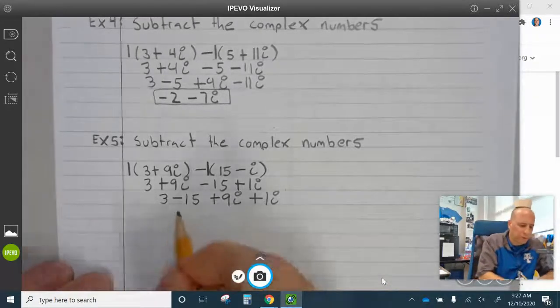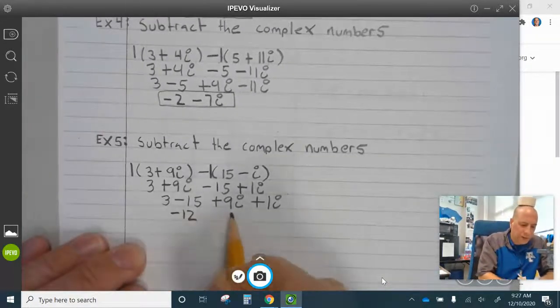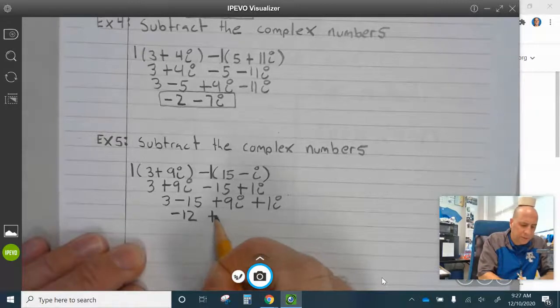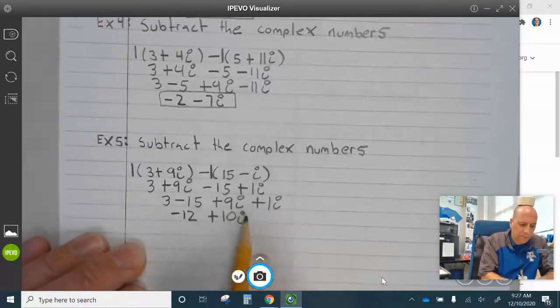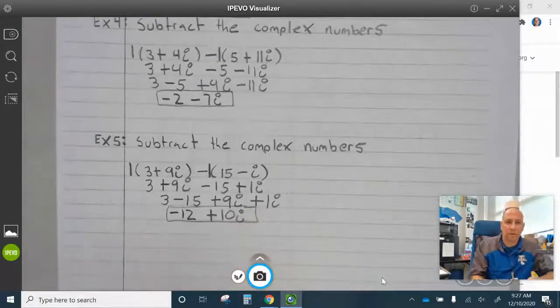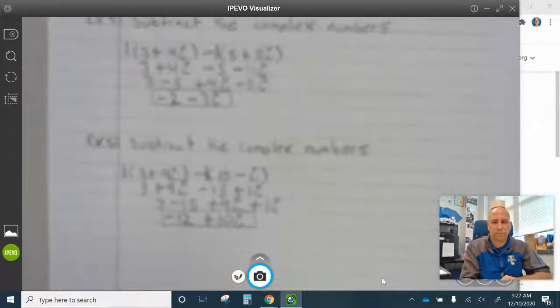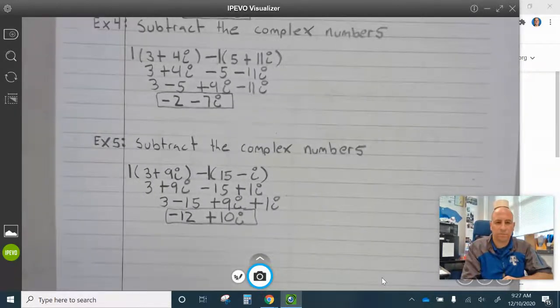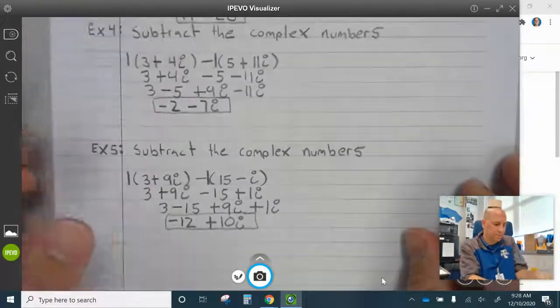Okay, well, 3 minus 15 is negative 12, and then 9i plus 1i is plus 10i. All right, go ahead and finish up example 5.